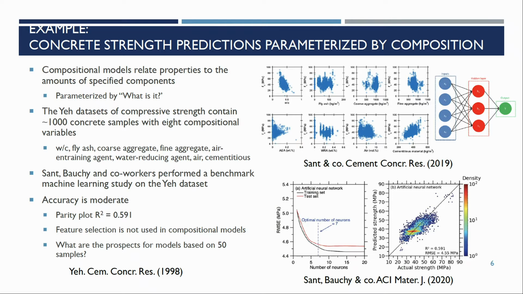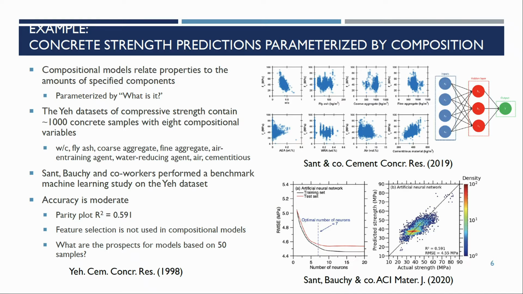Boshi and Sant at UCLA used a very famous data set, the Yeh data set, where they had of order 1,000 different concrete samples, parameterized by eight different variables. These were things like the water to cementitious ratio, how much fly ash was in there, how much water reducing agent was in there, how much air was in there.